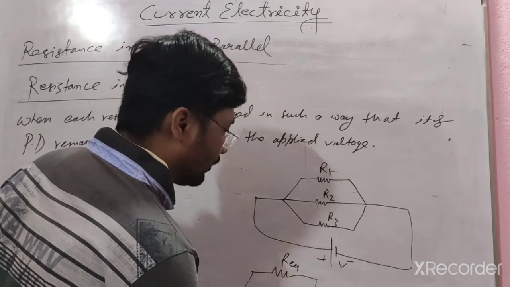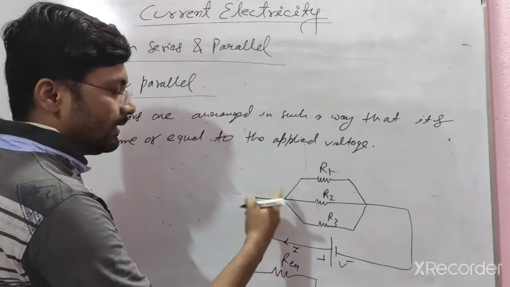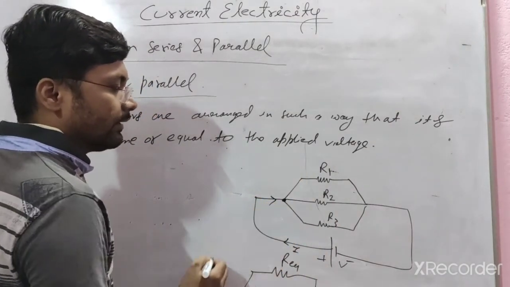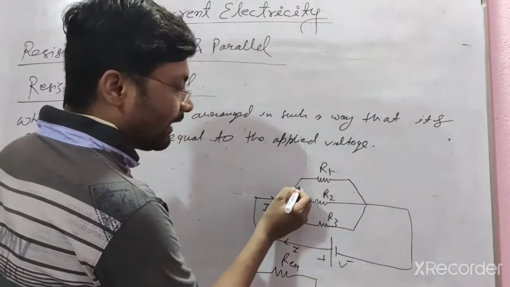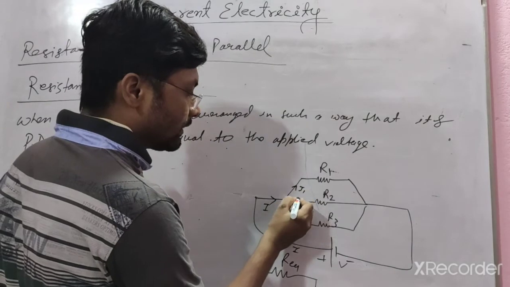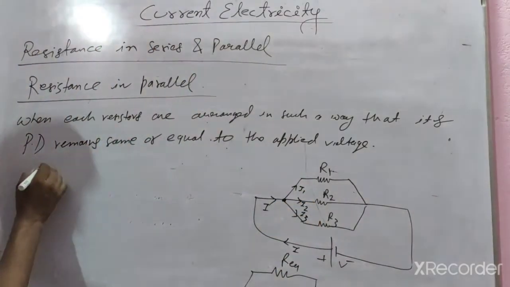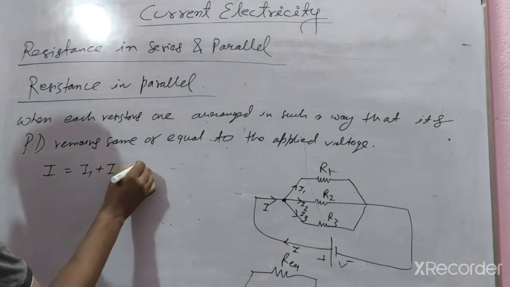This is V. Now if I current is drawn through the cell, when it comes to the junction, there are three paths. So the current will get distributed in these paths, I1, I2, I3. So we can say that I equals I1 plus I2 plus I3.